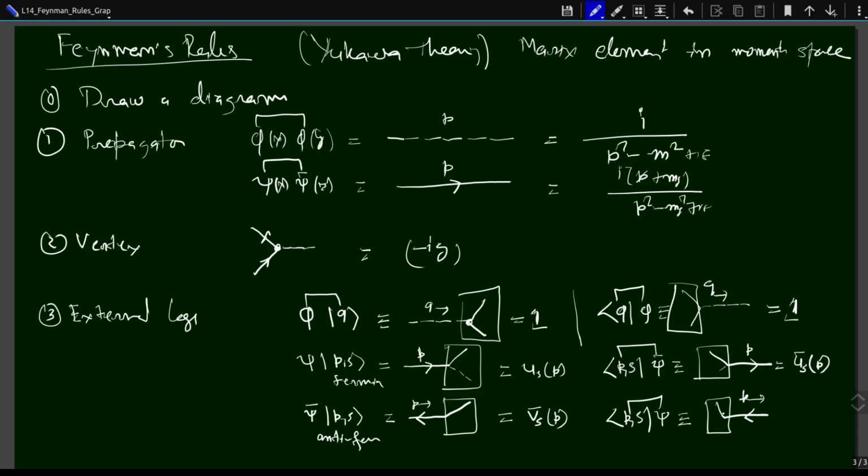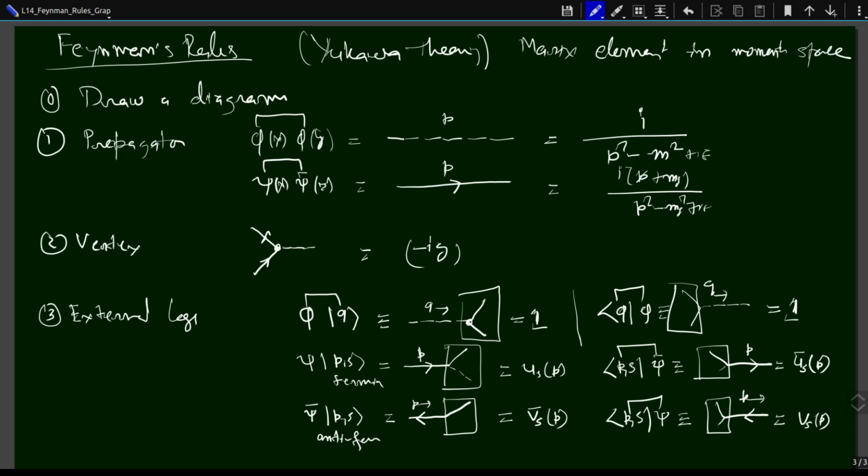Momentum is flowing outside, fermion line is flowing inside, and this is equal to v_s of p. So the final state fermion is u bar, the final state anti-fermion is v, the initial state fermion is u, and the initial state anti-fermion is v bar. This is how we'll write down the contributions from the external legs.